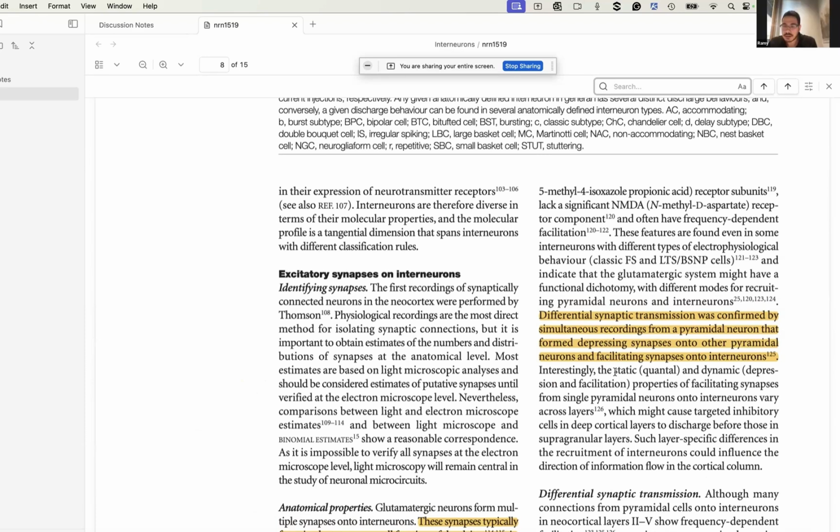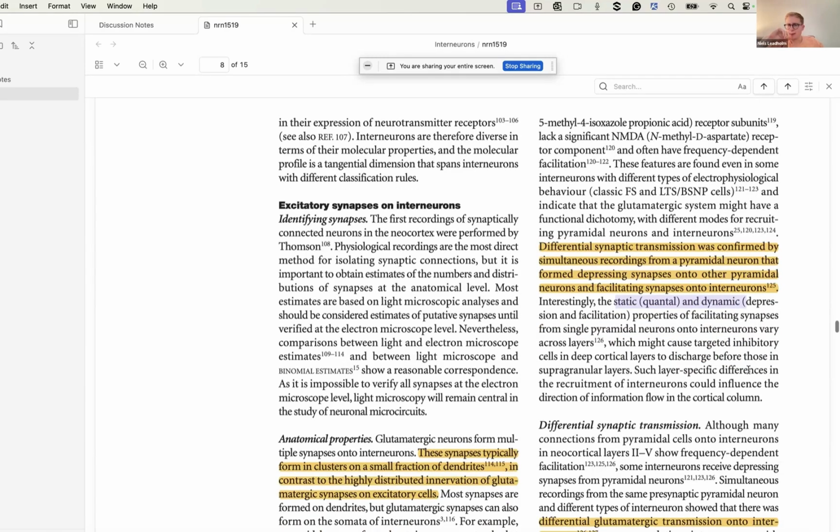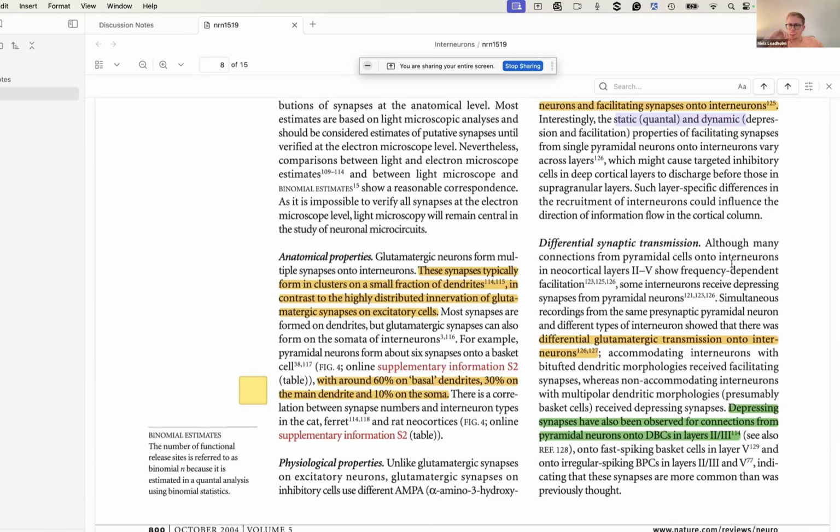Yeah, I feel like it's actually clearer if you scroll down to the paragraph under. It's a weird ordering because I feel like this kind of explains it. It's basically like synapses from excitatory cells on inhibitory neurons that actually has an inhibitory effect, is my understanding. The static dynamic depression and facilitation vary across layers.